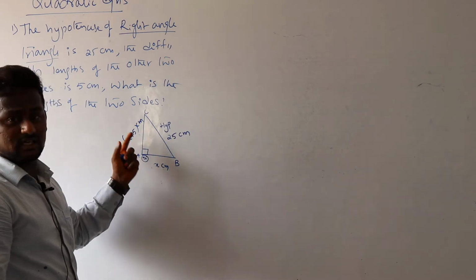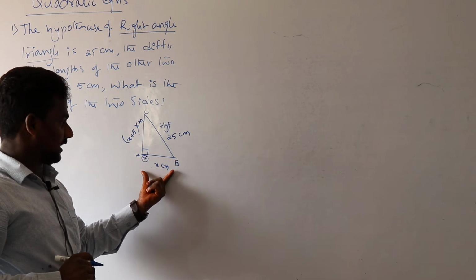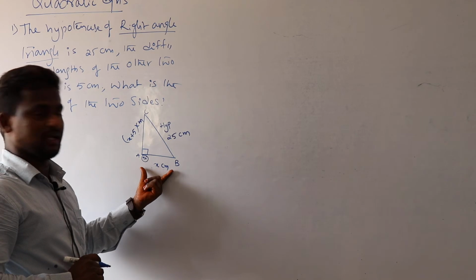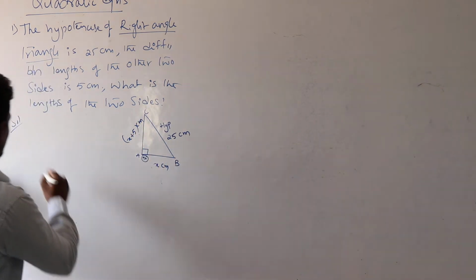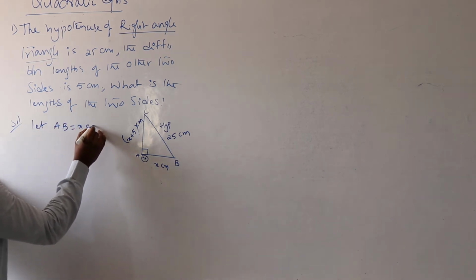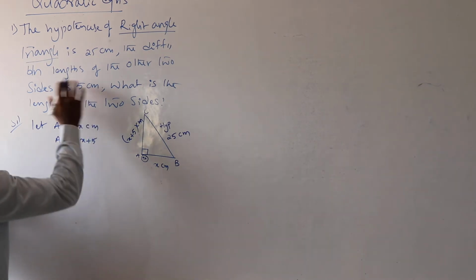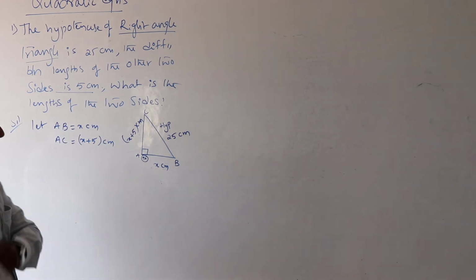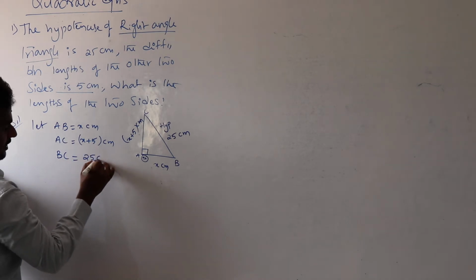So other than the hypotenuse, for the remaining two sides, let AB equal x centimeters. Next, AC equals, by the data, x plus 5 centimeters, since the difference is 5 centimeters. The hypotenuse BC is given as 25 centimeters.